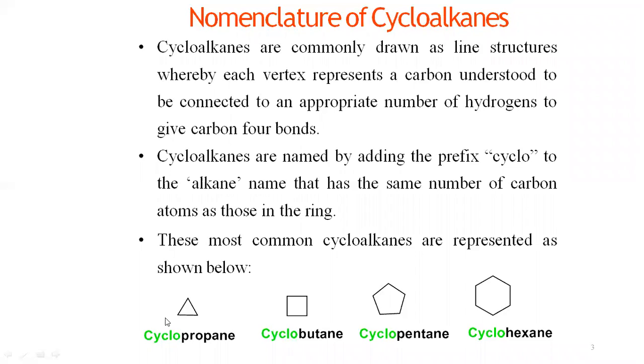So the name of this particular compound is cyclopropane. This alkane has 4 carbon atoms, so its name is cyclobutane, followed by pentane, that is cyclopentane, followed by hexane, the name is cyclohexane.